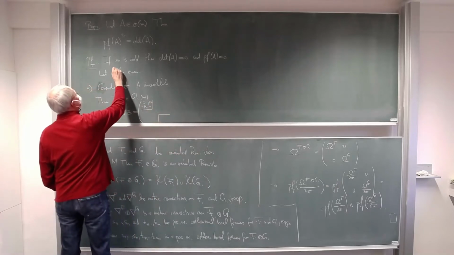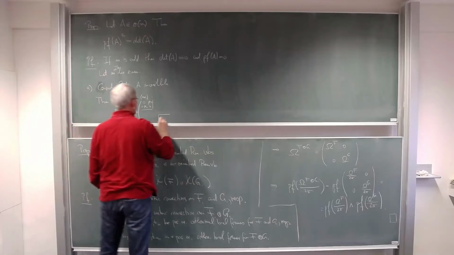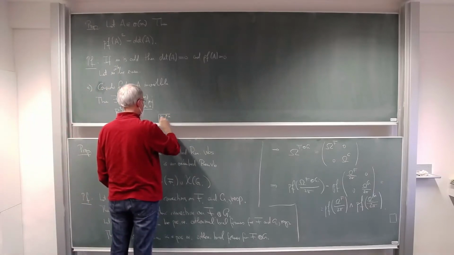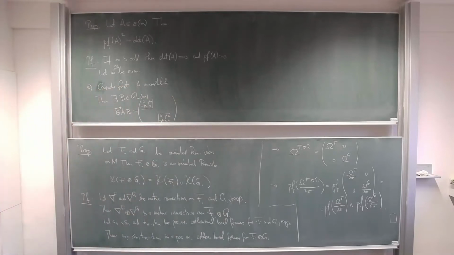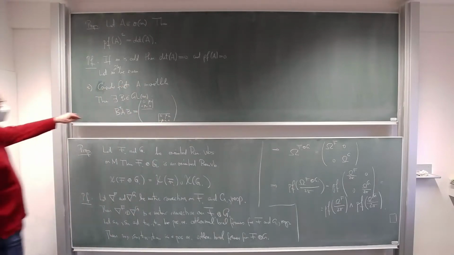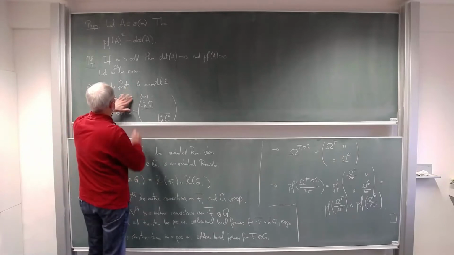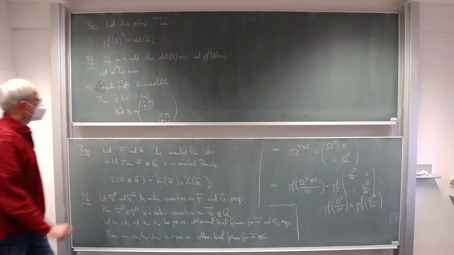So let's say this M is even, 2K, and we have 0, μ_k, minus μ_k, 0. So we get this normal form. In fact, this is possible using an orthogonal matrix, right?